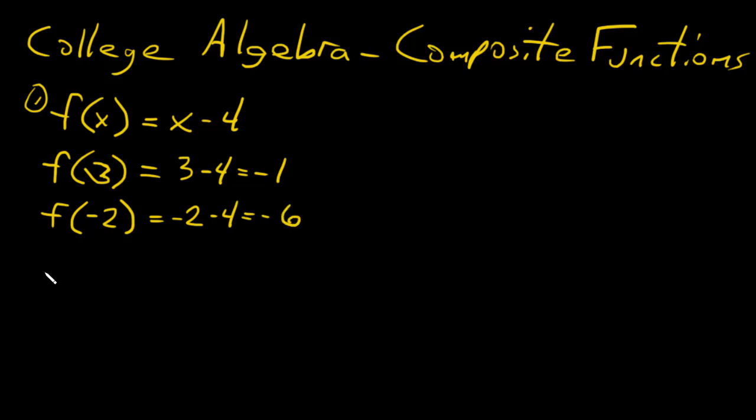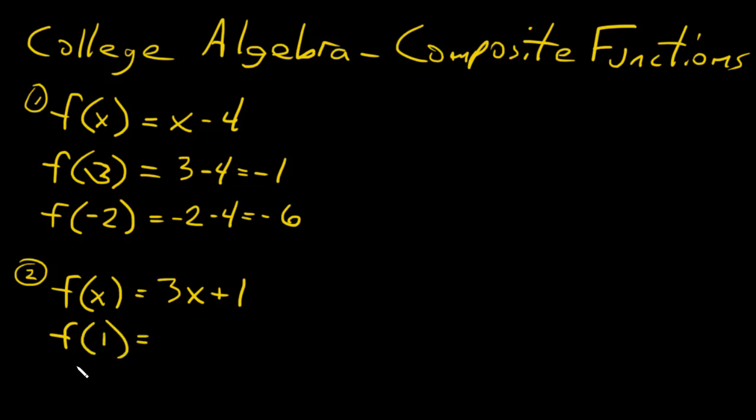Hopefully that went well. We're going to be doing a lot of these substitutions today, so you'll get lots of practice. The second one was starred for grading. F of x is equal to 3x plus 1. With that definition in mind, what would f of 1 equal?